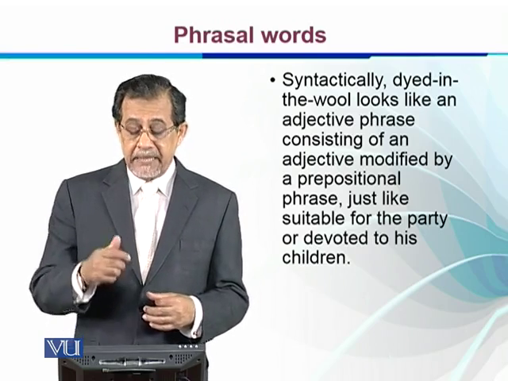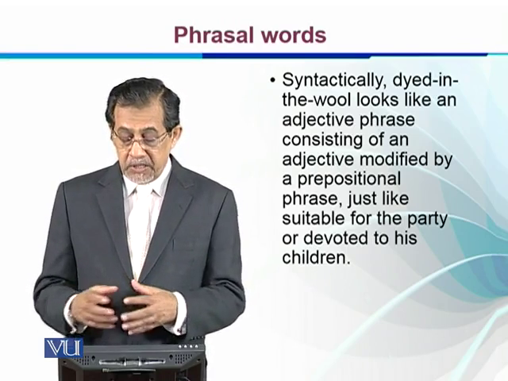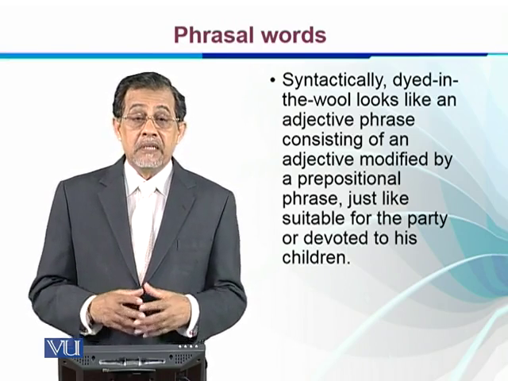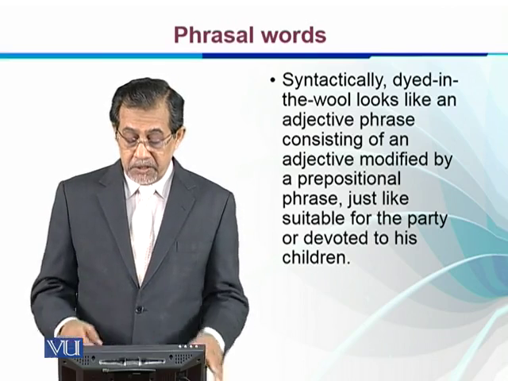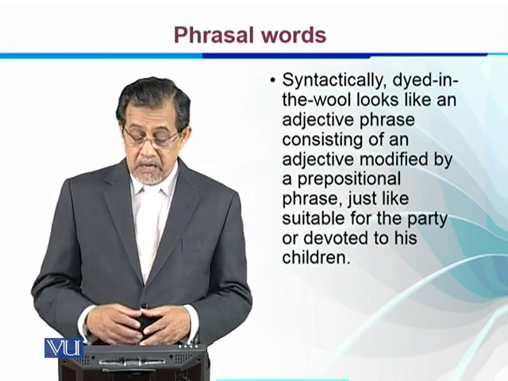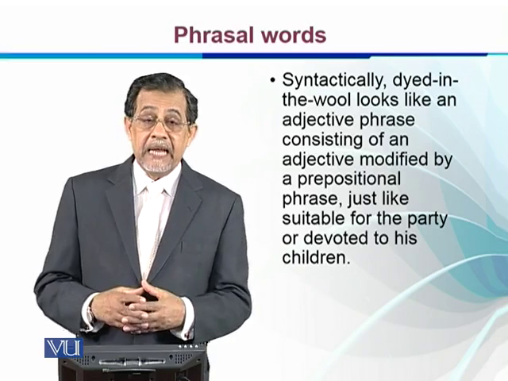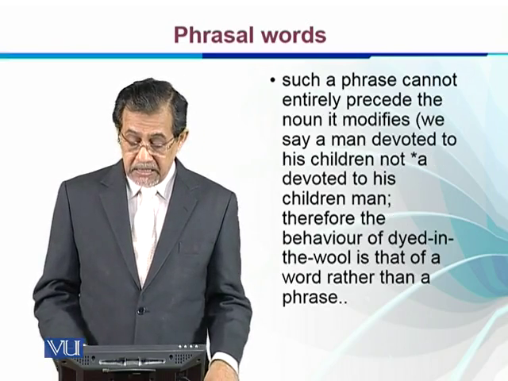Suitable is an adjective, and "for the party" is modifying suitable. In "devoted to his children," devoted is an adjective and "to his children" is modifying it. Obviously, these phrases work like adjectives.